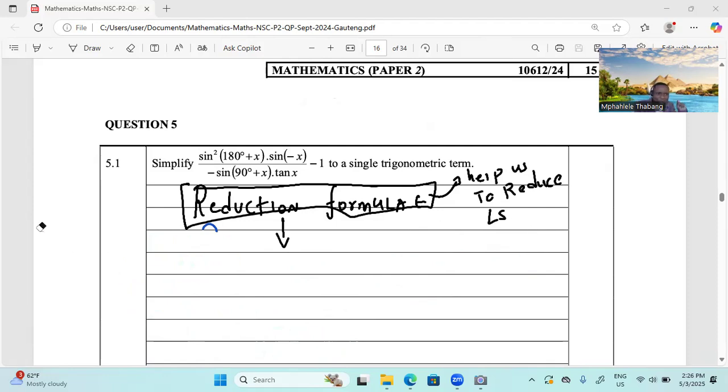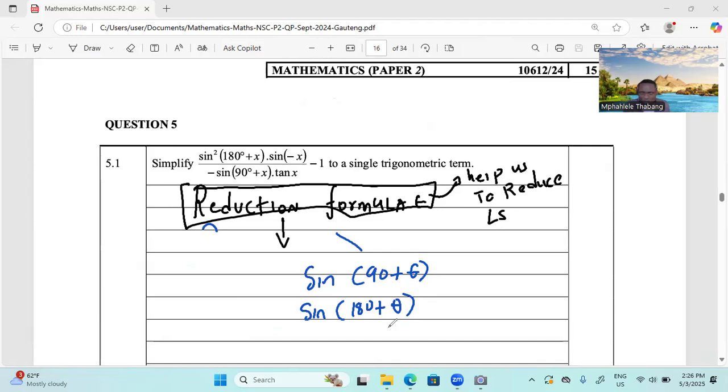When you see these angles, I'm going to write them all down. Sine 90 plus theta: we can solve it using the idea of reduction formula. Let's say we have sine 180 plus theta.